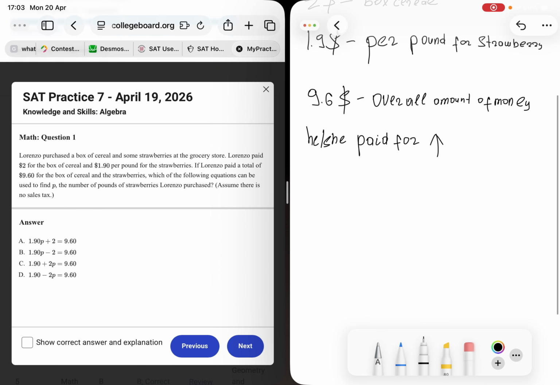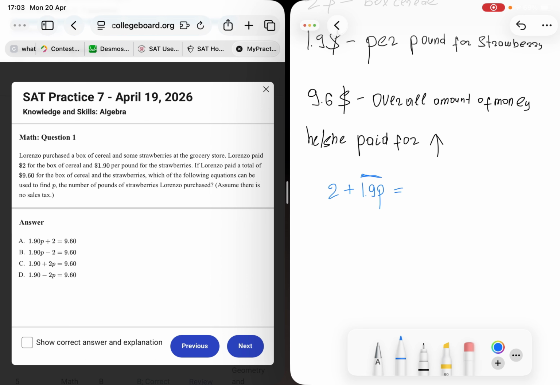So we could get that Lorenzo paid overall $2 plus $1.9 per pound for the strawberry. We'll write it like that because it gives us the overall amount of money Lorenzo paid for the strawberries. Okay? You got what 1.9P means, yep?